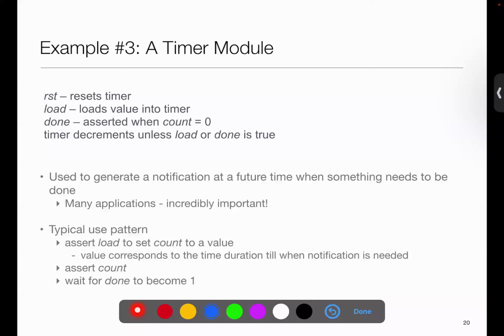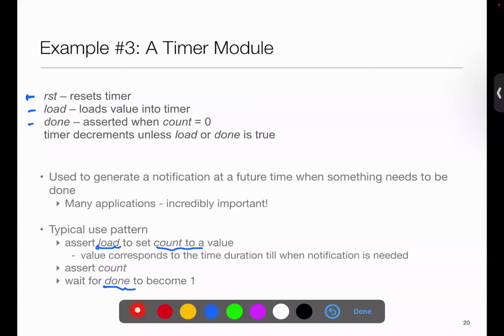The typical use pattern is that we load a value to set the count to something, then tell the timer to start counting. When the timer reaches a destination value, typically counting down to 0, there is a done signal that basically says, hey, I'm done, I've counted the time. So our timer has the following input signals. It has a reset signal, which resets the timer, and a load signal, which loads a value into the timer, so I can set it to, say, 45 seconds.